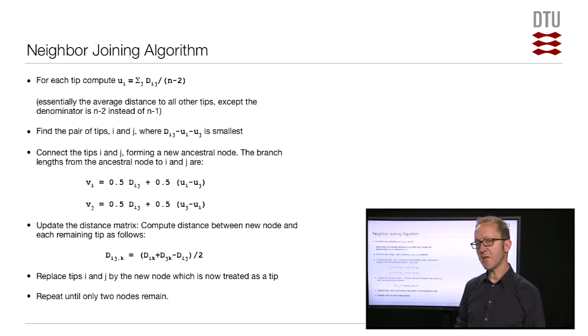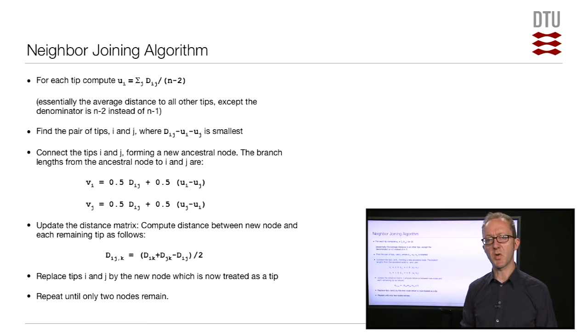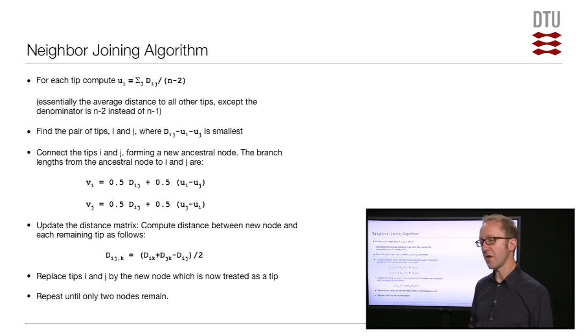So, in the case of neighbor joining, which is the method we'll have a closer look at. As I say, each step in a clustering algorithm is about picking two nodes to put together, and they are the nodes that are, in some sense of the word, nearest. Now, in the case of neighbor joining, the sense of nearest is a bit peculiar perhaps, but it nevertheless works quite well.